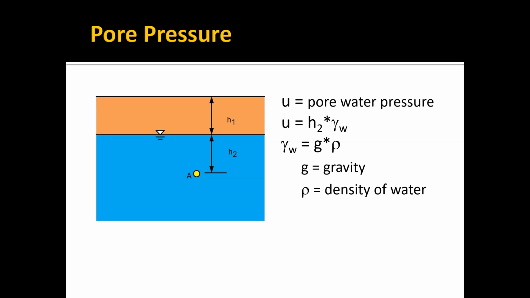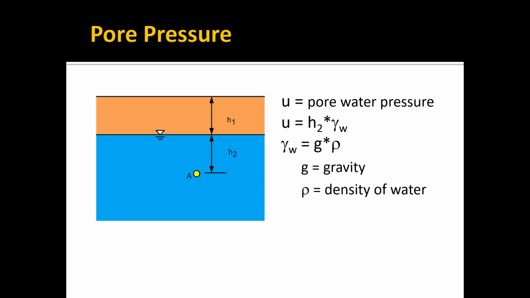But the unit weight is the more useful term when we're dealing with groundwater systems. It represents force per volume. In English units, it would be 62.4 pounds per cubic foot. In metric units, 9.81 kilonewtons per cubic meter.